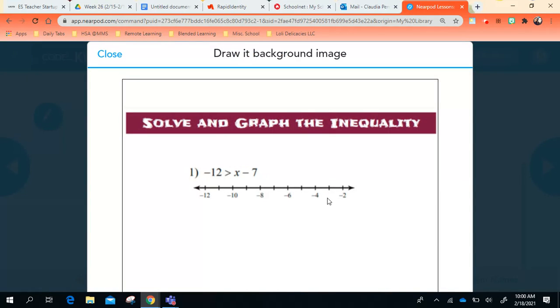Okay, so let's go ahead and solve and graph the inequality. I'm going to show you how to solve an inequality, and this is all one steps. I'm going to write it off to the side so I have a little more space.